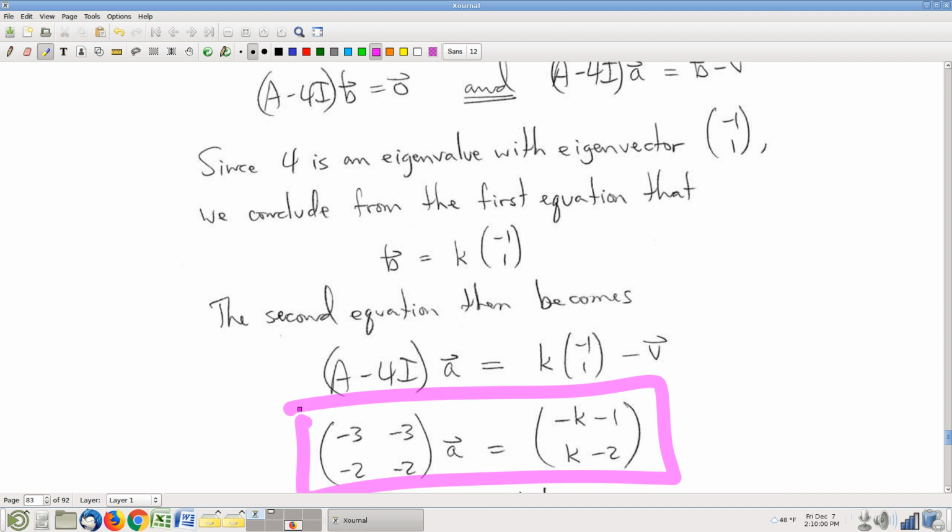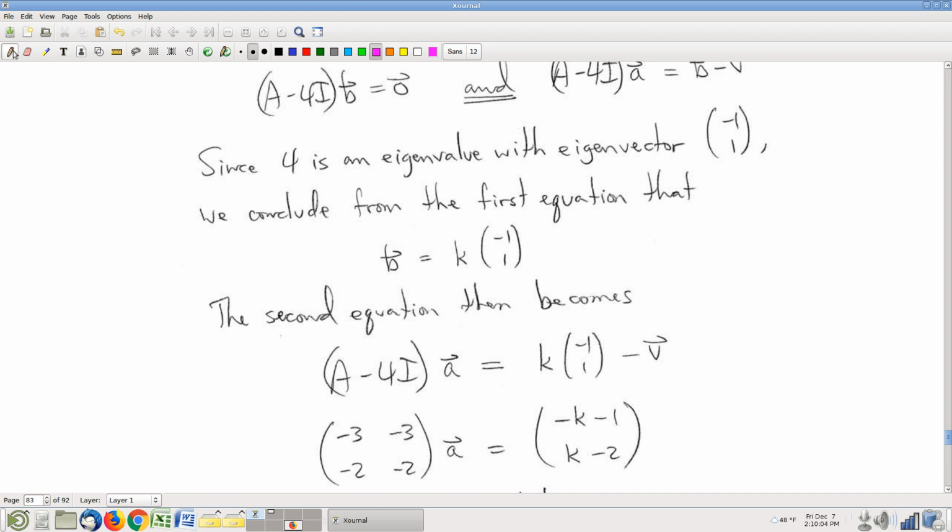Now I'll show you a different sort of smart alecky way around this instead. Notice that you can rewrite this as 3 times negative a1 minus a2 and 2 times negative a1 minus a2.